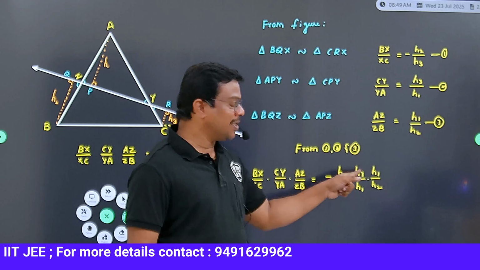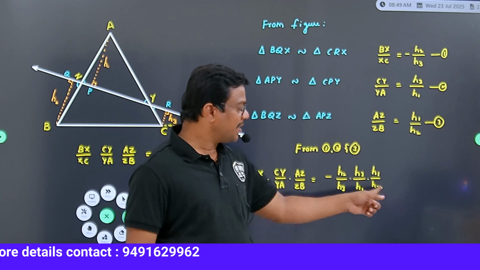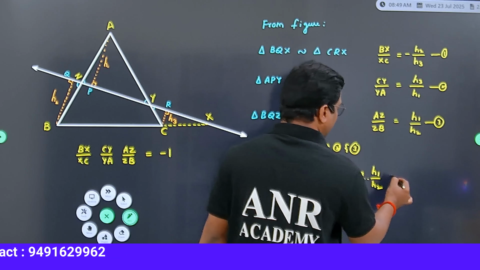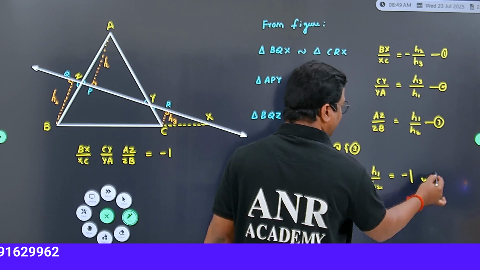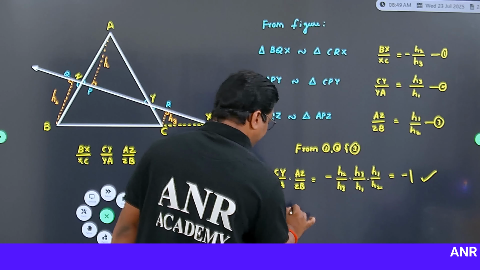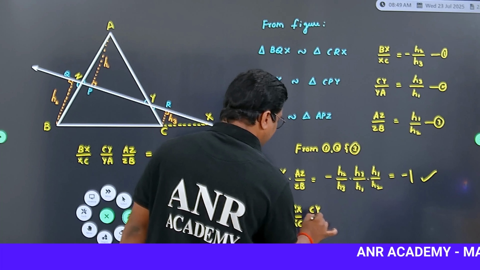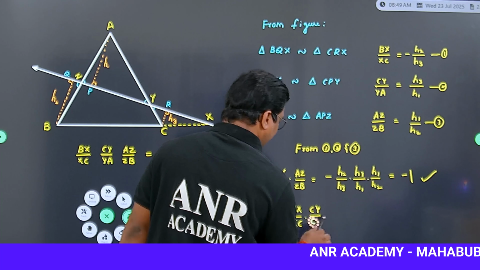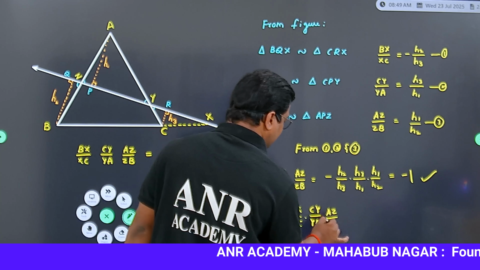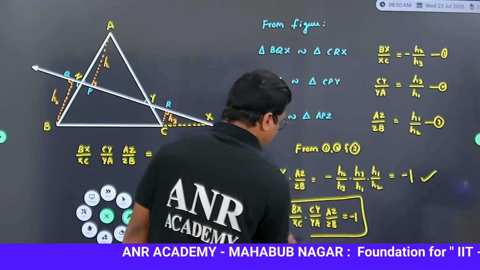H1, h2, h3, product of the terms in the numerator. In the denominator h1, h2, h3, product of the terms. Same quantities get cancelled. Finally, we get minus 1. Therefore, I can write BX by XC, CY by YA, AZ by ZB. That is clearly negative unity.